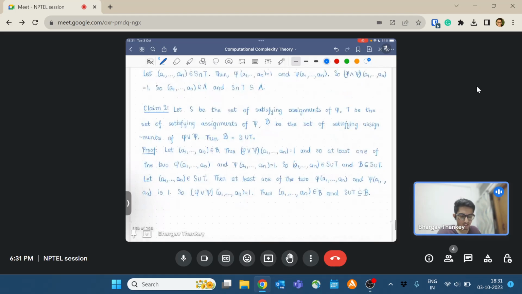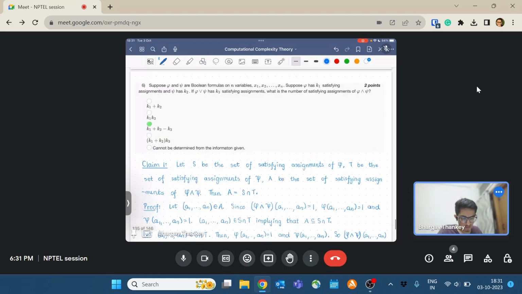So now we have these two claims, and using these two claims, let's try to solve the problem. So in the problem, we have to find the number of satisfying assignments of phi and psi, right?